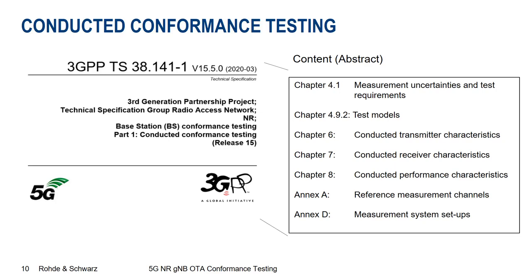In chapter 4.1, the allowed measurement uncertainties and test requirements are defined. 4.9.2 describes in detail the test models. Then chapters 6, 7, and 8, which I will come to in a minute in more detail. And in the annex, there's also information on the reference measurement channels and the system setups.